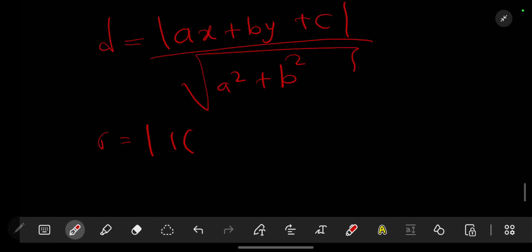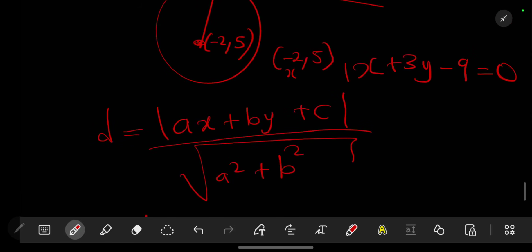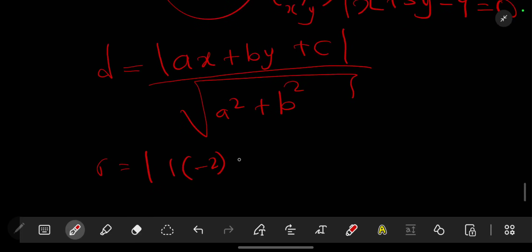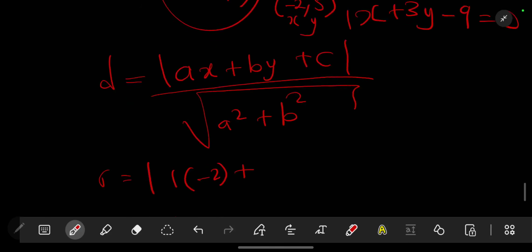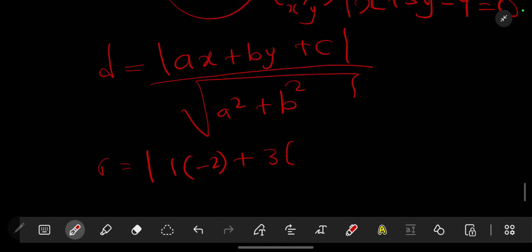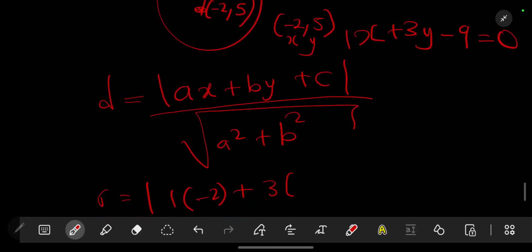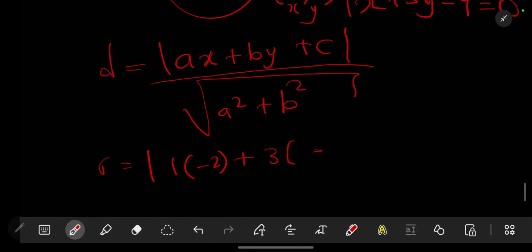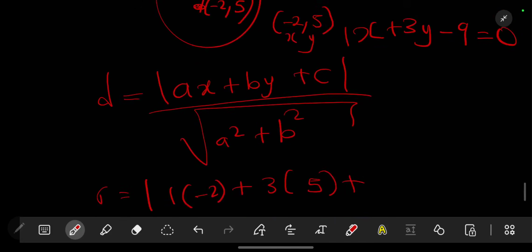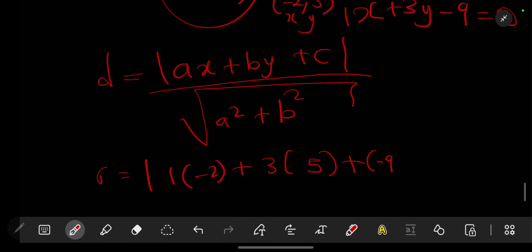So we say 1. Our x value is negative 2. Then we have plus. Our b is 3. So we say 3. Then what is our y? Our y is 5. So we say 5. Then we say plus. What's our c? Our c is negative 9. So we have negative 9.